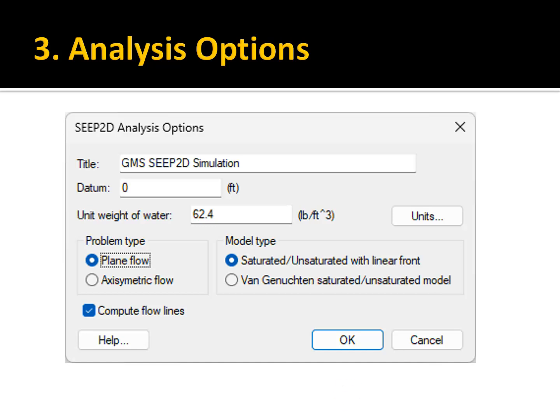The default is plane flow, which is what we do in profile models. Axisymmetric flow is used for flow to a well, which we're not going to do generally. And then this model type only applies to unsaturated problems, which we'll talk about.